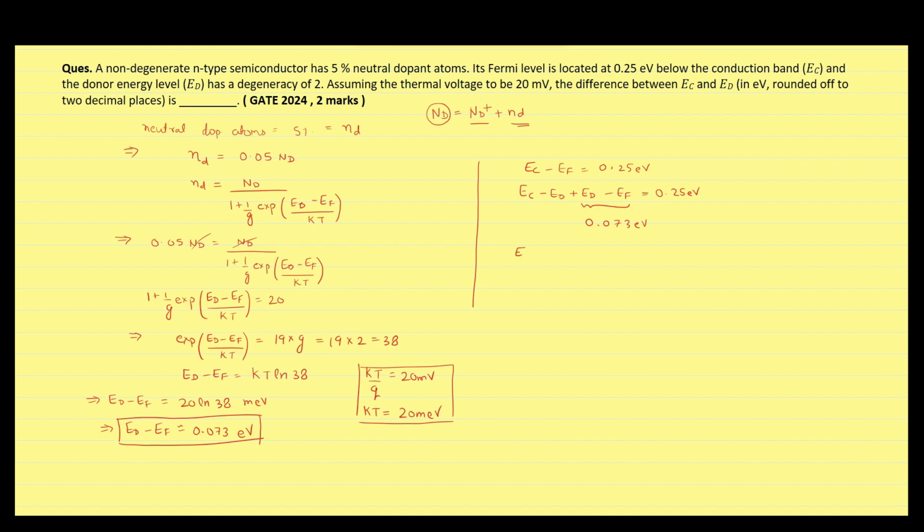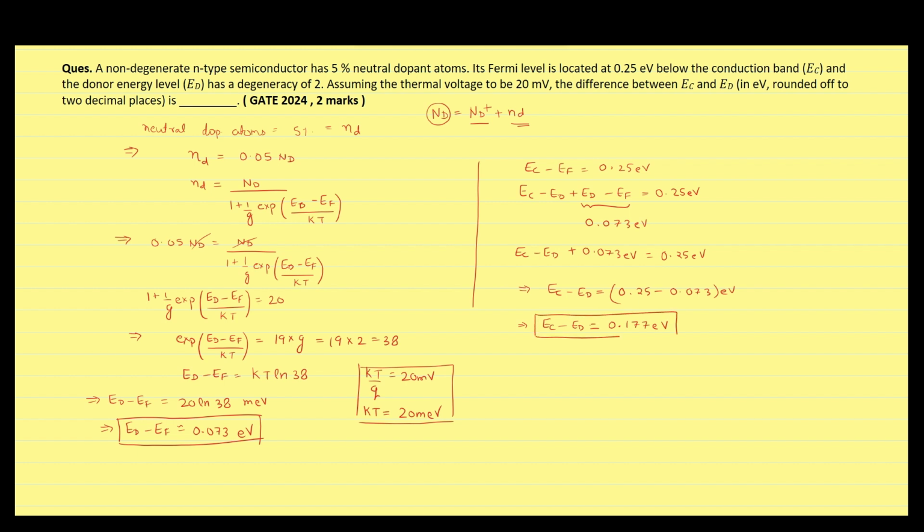So EC minus ED plus 0.073 electron volt is equal to 0.25 electron volt. It gives the value of EC minus ED to be equal to 0.25 minus 0.073 electron volt. The final value of EC minus ED comes out to be around 0.177 electron volt, which is the final answer.